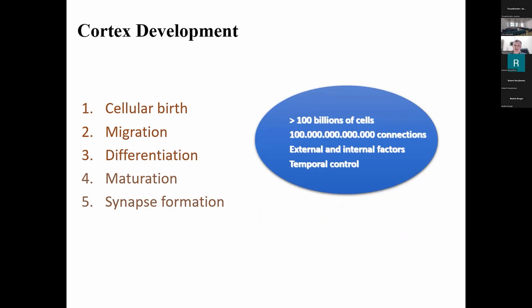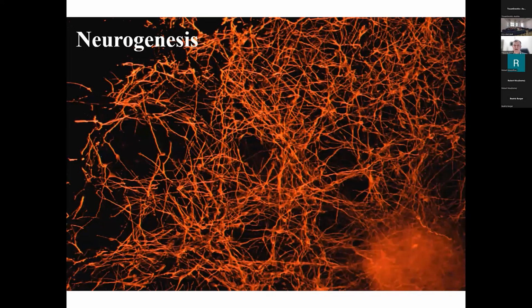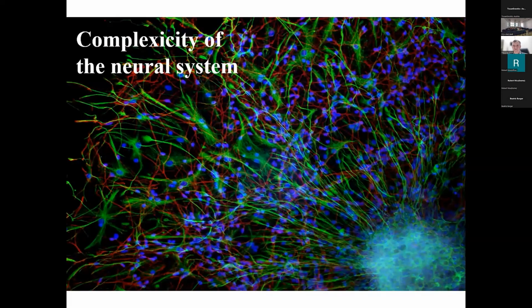Looking like that, we can see cell migration. This would be a DAPI staining, for example. And then you can see neurogenesis, you can see glial cells, and then you have this image that I had shown you before, and you can analyze all of this by using tissue cytometry.